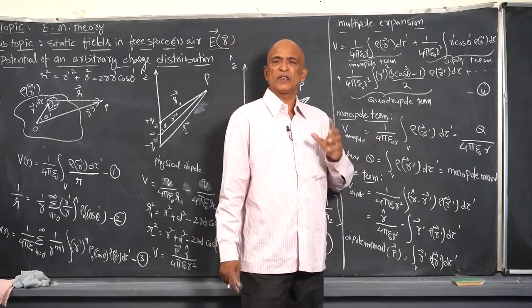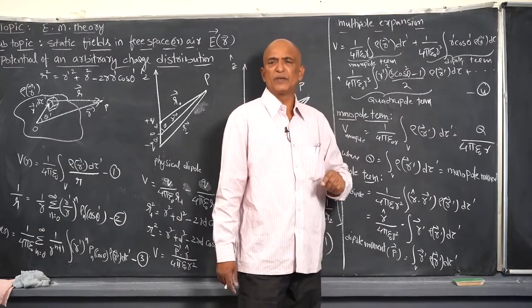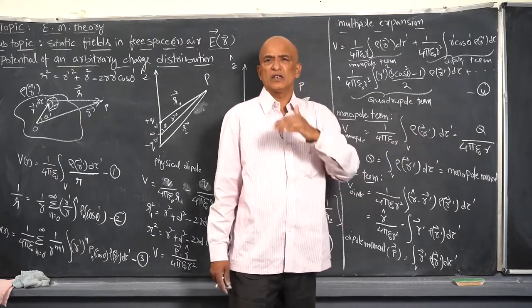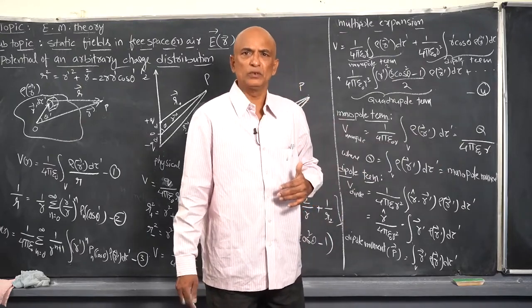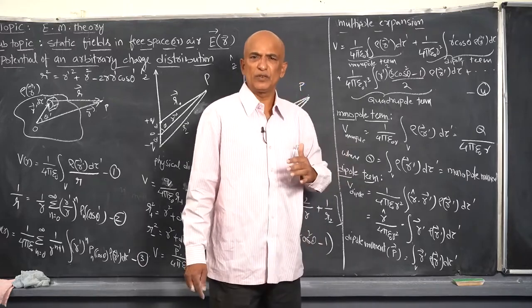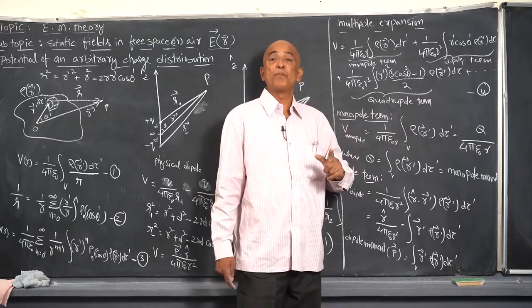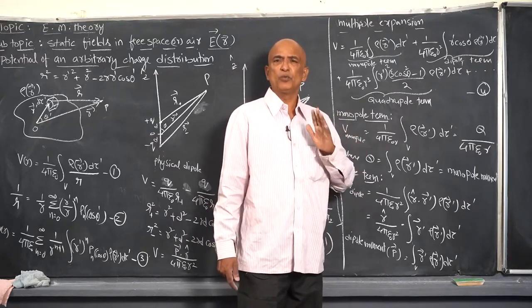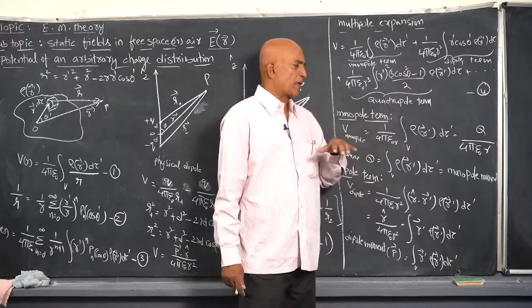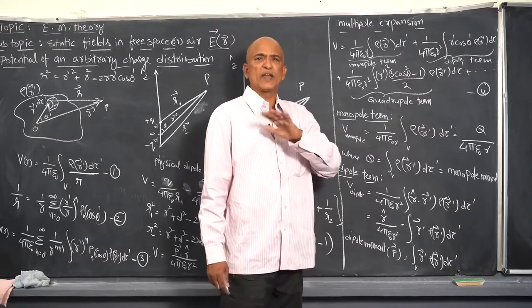Because for a point charge at the origin, only one term will be there, that is q by 4 pi epsilon naught r. All other higher multipoles vanish and become 0. No dipole term, no quadrupole term, all higher multipoles will vanish. That means a point charge at the origin acts like a perfect monopole, a pure monopole. So for that, the approximate potential formula becomes the exact potential, and no other higher multipoles come into the picture.